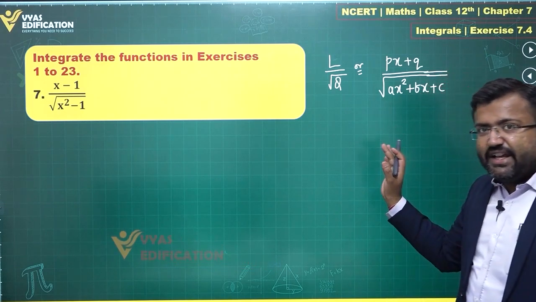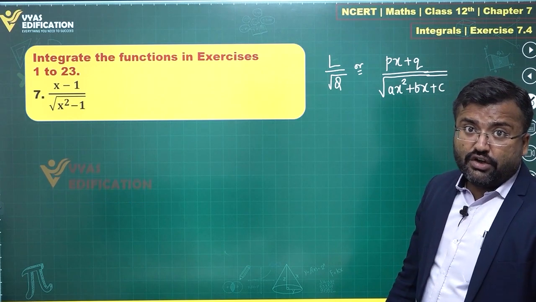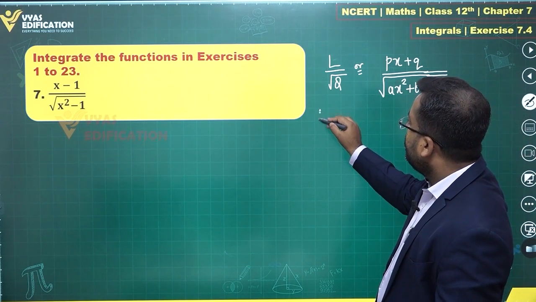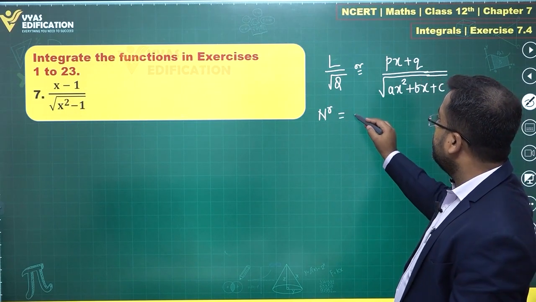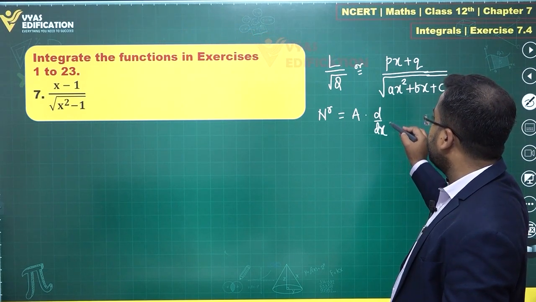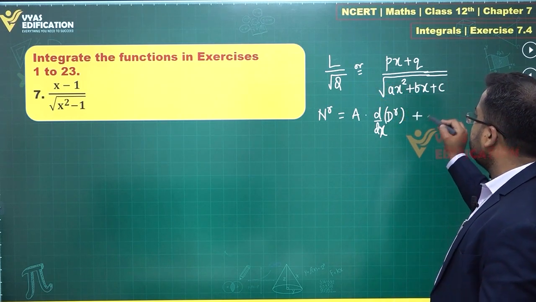And these types of integrals, where you have the numerator and under root of quadratic in the denominator, can be handled by expressing the numerator in terms of the derivative d by dx of the denominator plus some constant term.